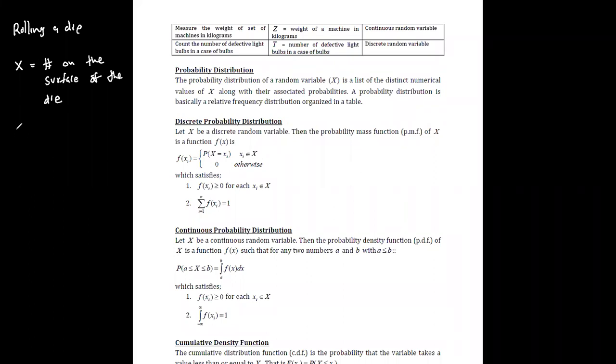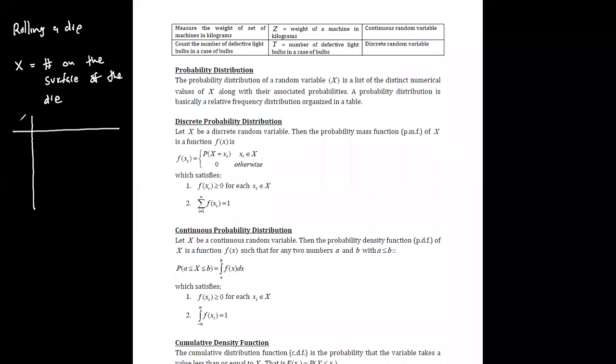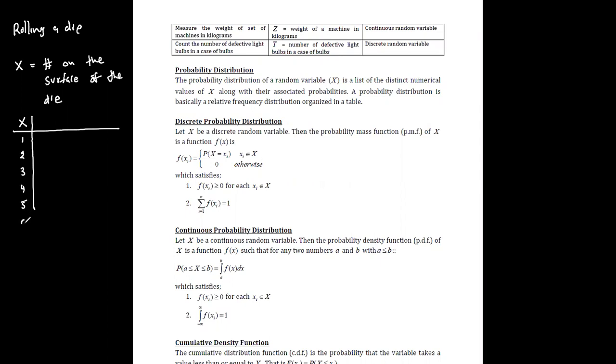The possible values of x are 1, 2, 3, 4, 5 and 6. It is because we have 6 sides or 6 surfaces on a die, so we have the numbers 1 to 6.